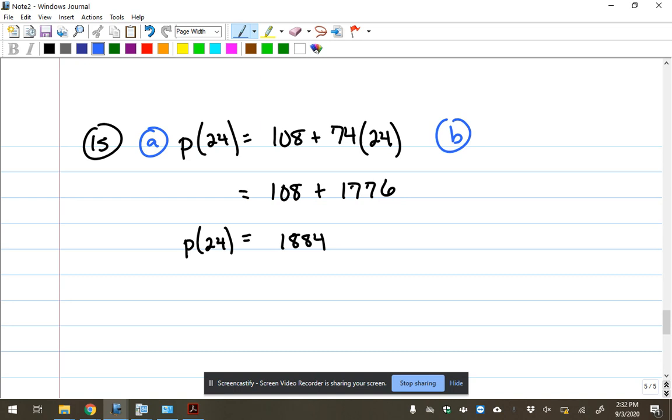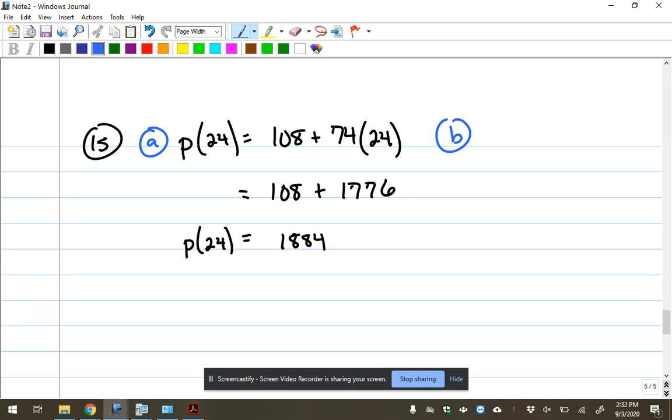What problem is that like that we've done already? Isn't it like 13? You're taking the equation and setting it equal. So 108 plus 74t is equal to 2994, and solving that. That's all that means. It's buried in a word problem, so it makes it feel complicated, but it's the same thing we've been doing.